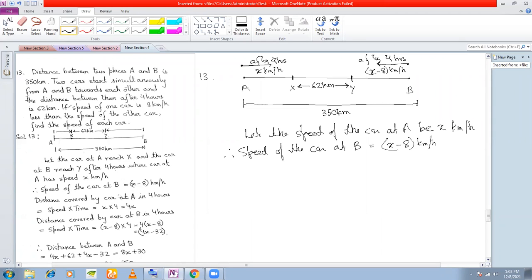After 4 hours, what is the distance covered by the car at A? In 4 hours it is equal to speed into time.